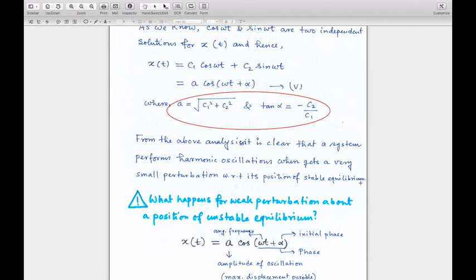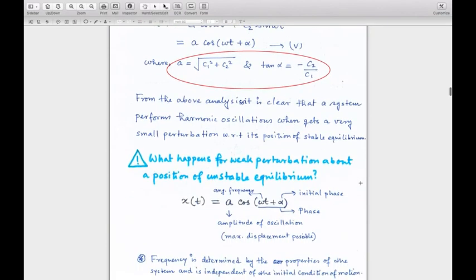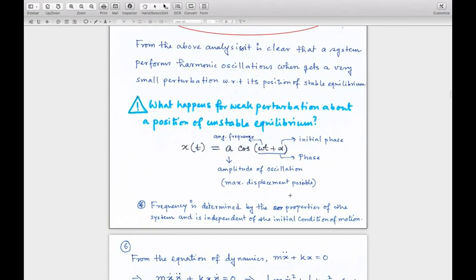Now we saw that if a particle is perturbed by a very small amount, and a very small amount of velocity is also involved, then the particle will perform simple harmonic oscillation. My question is, what happens for weak perturbation about a position of unstable equilibrium? Can you put some light on that?